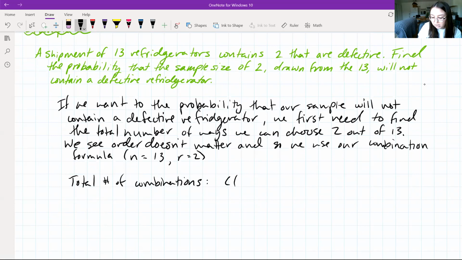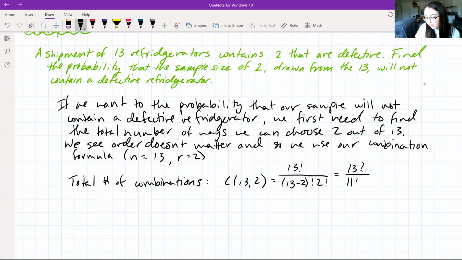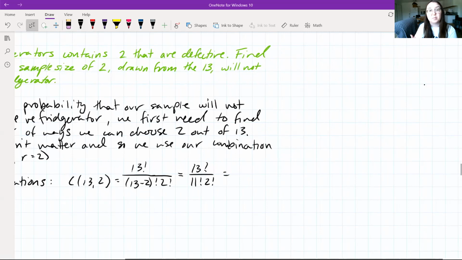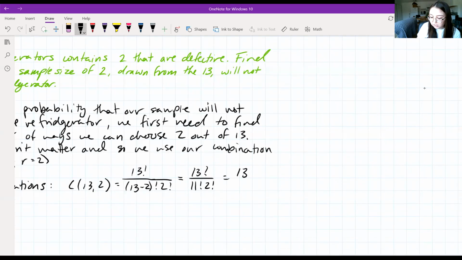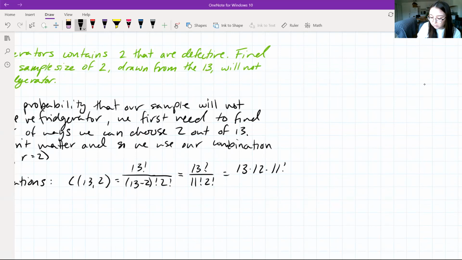It's going to be our combination of 13 and 2, which is 13 factorial divided by 13 minus 2 factorial times 2 factorial. It's going to be 13 factorial divided by 11 factorial times 2 factorial. You can put this in your calculator right now, or you can write it out. It's 13 times 12 times 11 factorial divided by 11 factorial times 2 factorial.